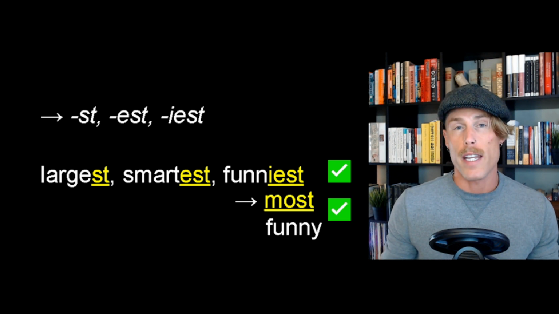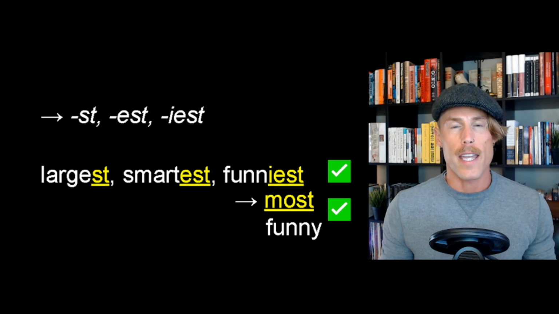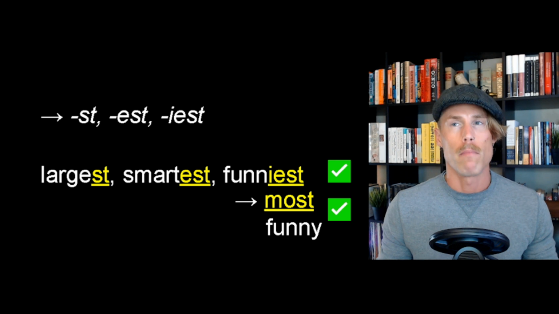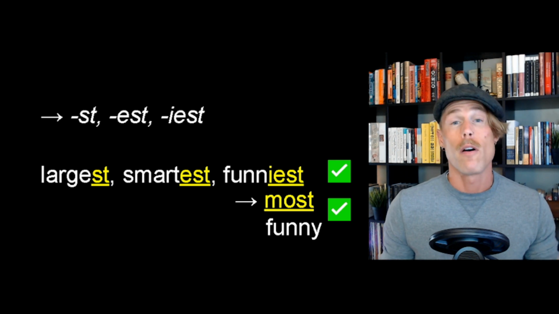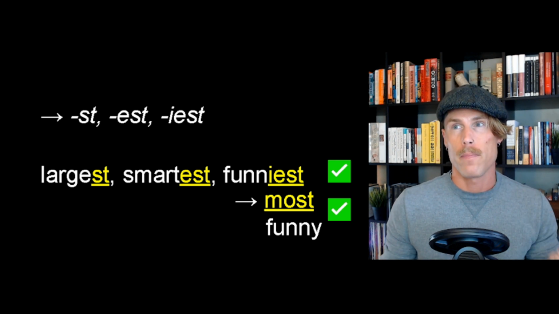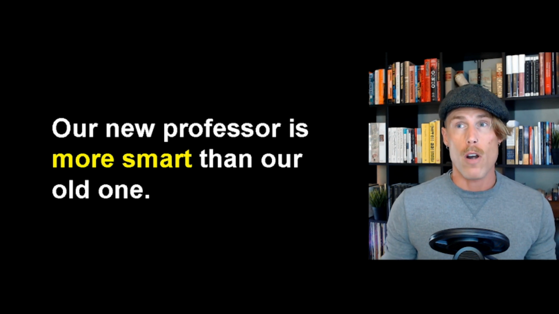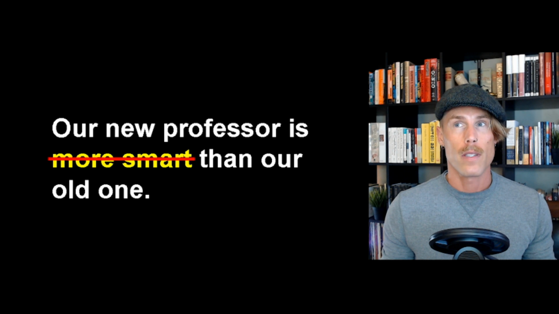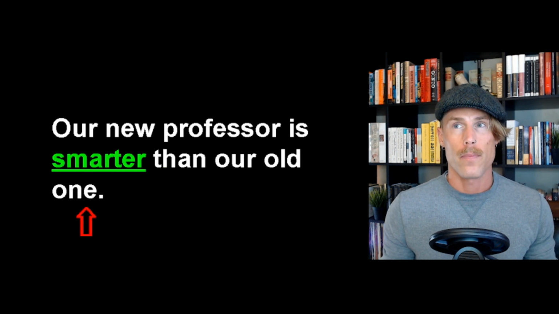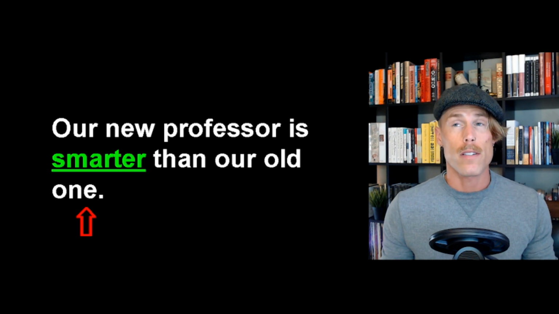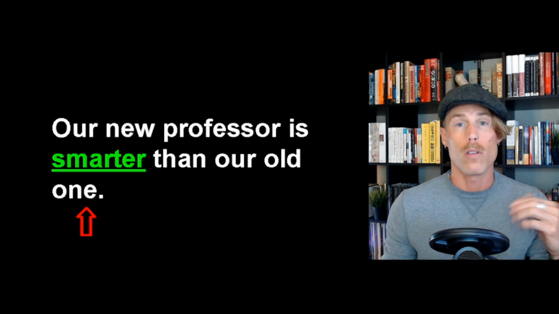And most funny is also correct. We don't say most large, most smart, more large. No, one syllable, right? So our new professor is more smart than our old one? Not correct. We want to say smarter than our old one, because smart is one syllable only.